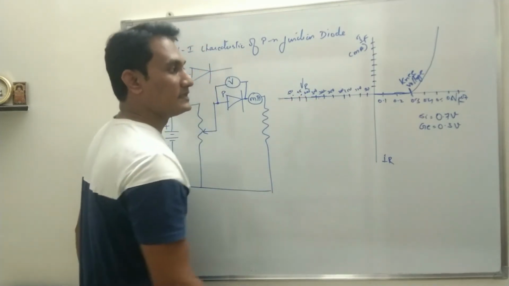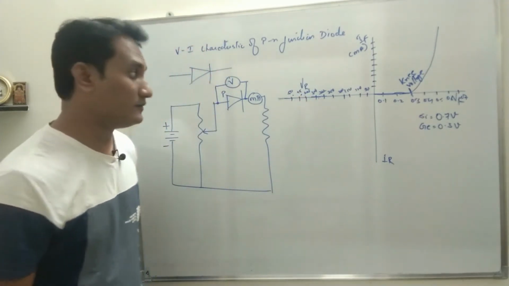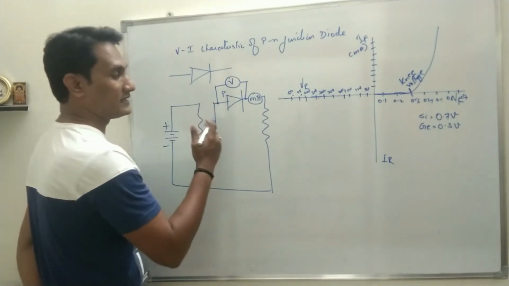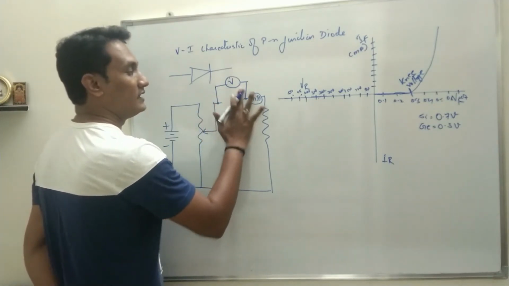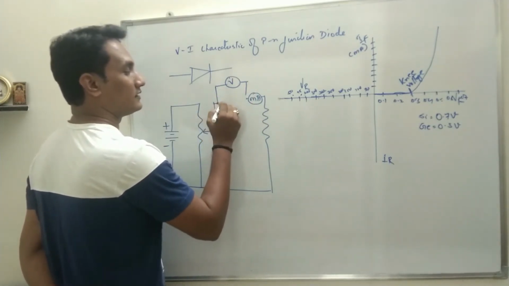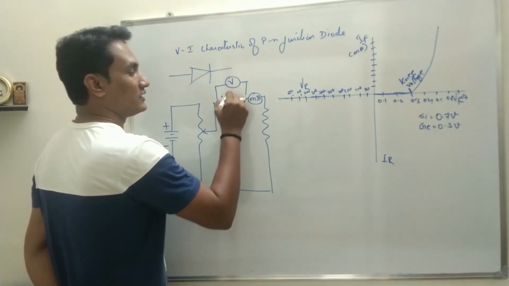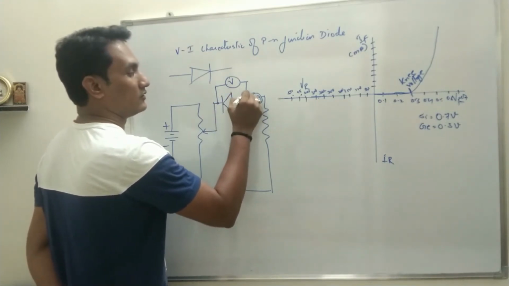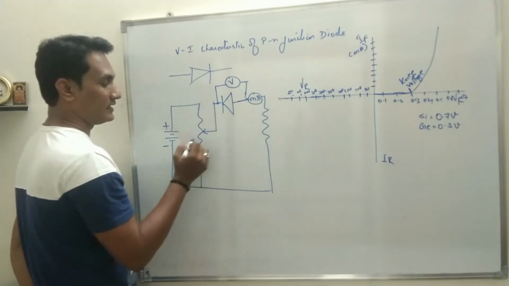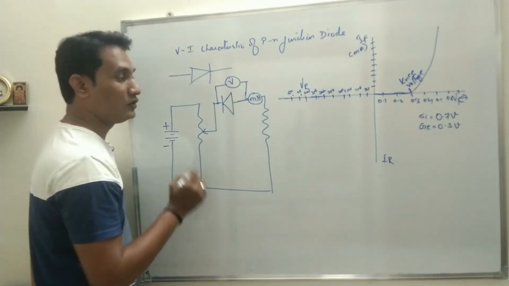Now I will change the position of the PN junction diode. What we are doing now is N connected to positive, P connected to negative.